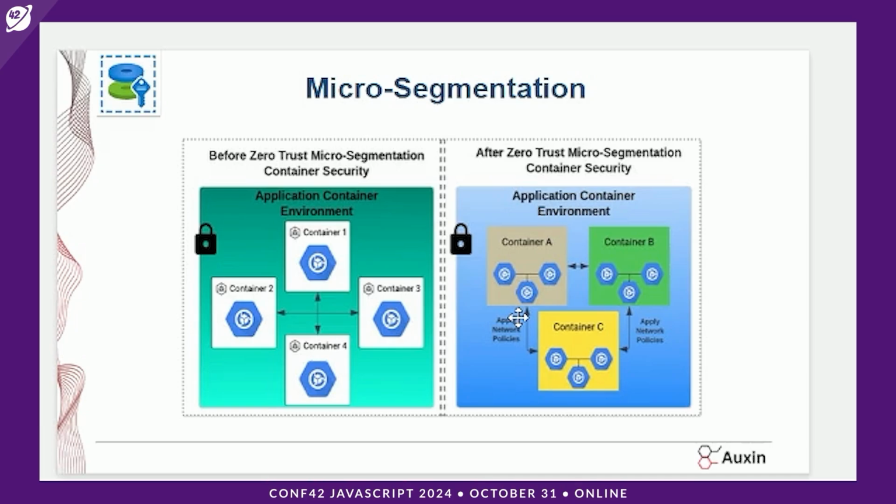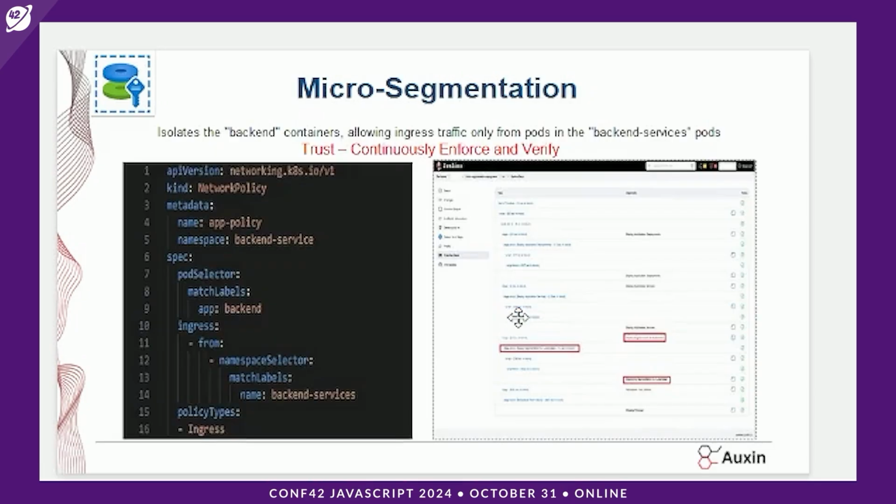With microsegmentation, we can apply fine-grained security controls, ensuring each container is protected individually. This approach isolates the backend containers and only allows ingress traffic from the namespace selector, which is backend services. By applying this strategy, we limit the movement of attacks within the system, reducing the attack surface and minimizing the risk.